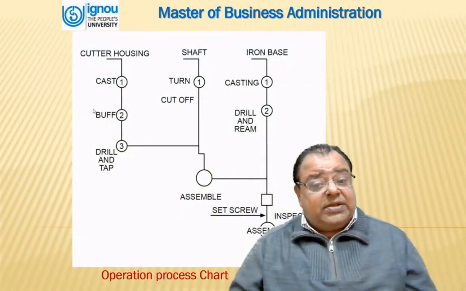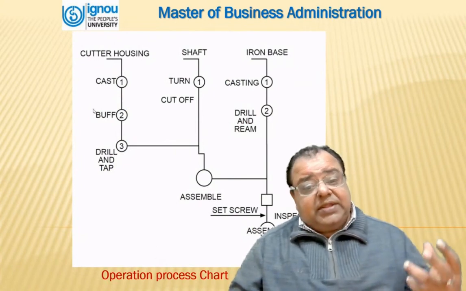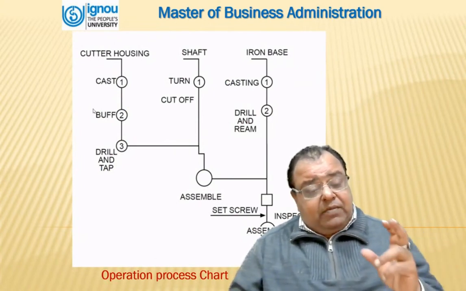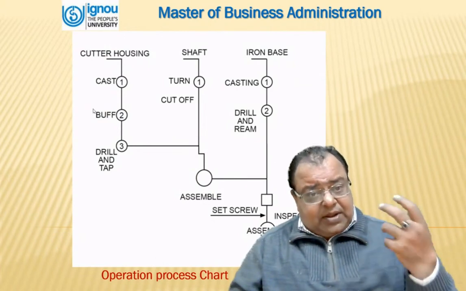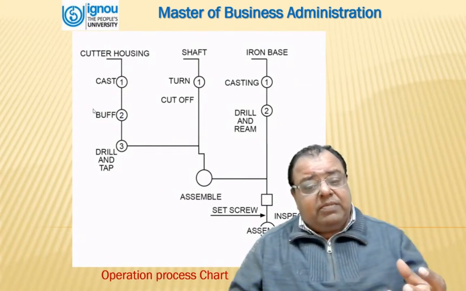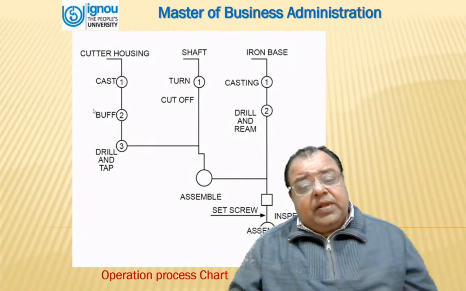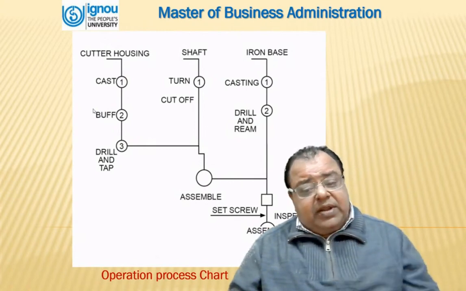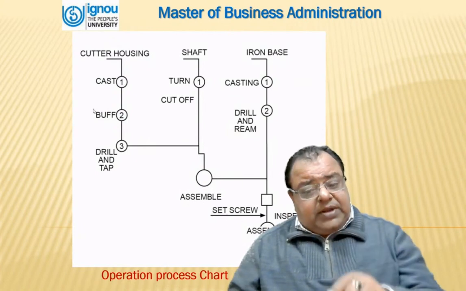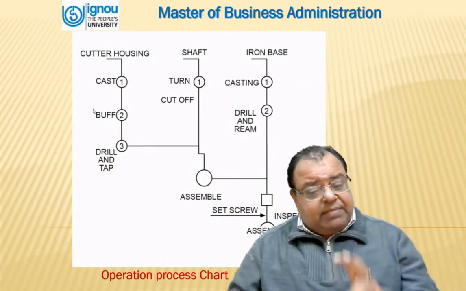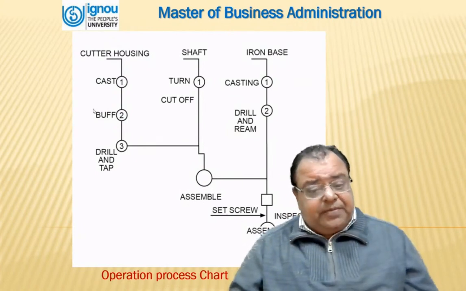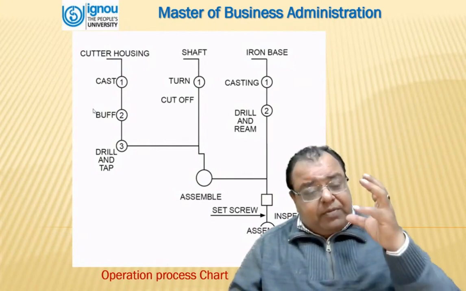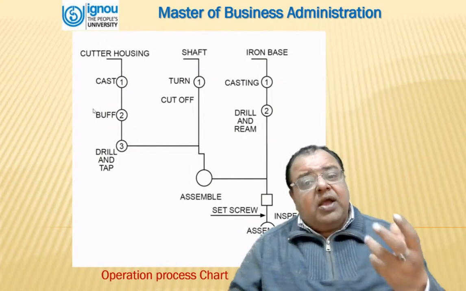There are three activities taking place, and at different stages, the object or the material which is being transformed comes up, and you can see over there that it is a square, and below it is inspection, the assembly is done, and again it is stored. So this is basically how a process chart is drawn or made.